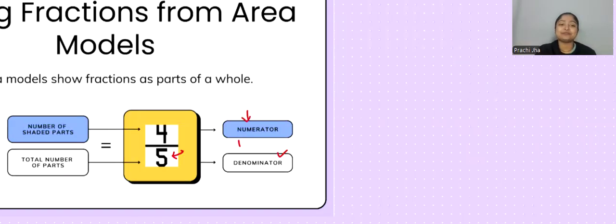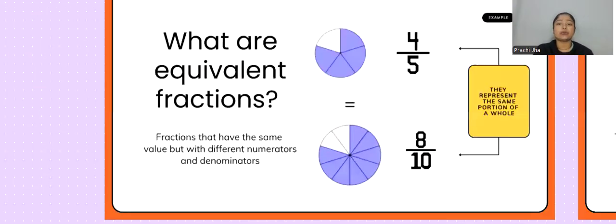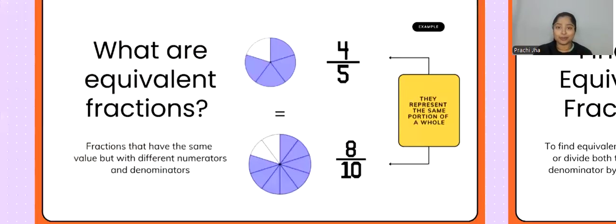Exactly. Now, let's understand what equivalent fractions are. Our topic is equivalent fractions. They are fractions that have the same value but different numerators and denominators. For example, on the screen you can see two fractions: one of them is 4 over 5 and the other is 8 over 10.